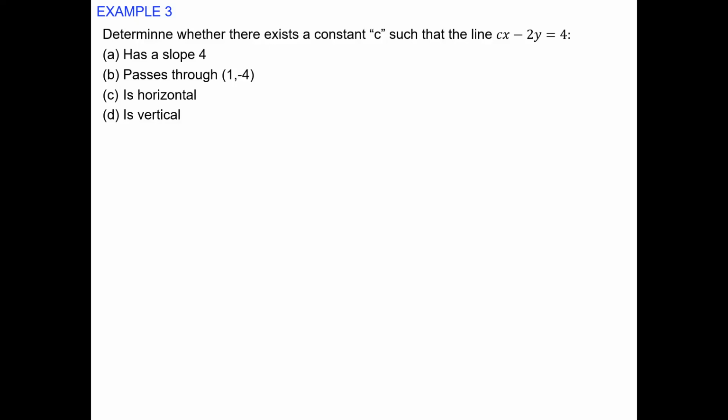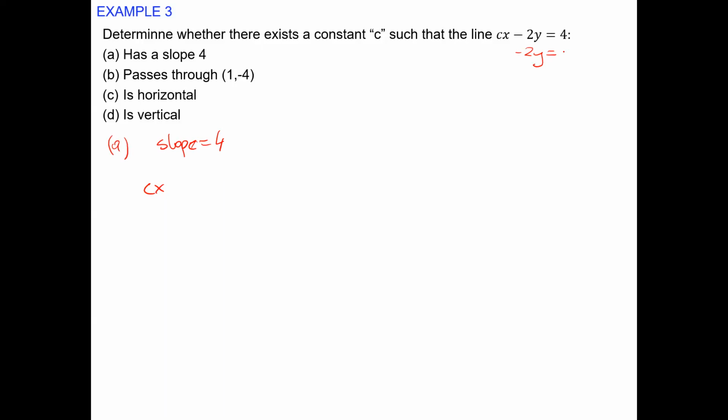Okay, that's part A. Slope must be 4. Okay, that's what we may do. Actually I can rearrange, let's solve, because we don't know exactly what's the formula. If I solve this equation to the form mx plus b, I will solve for y.